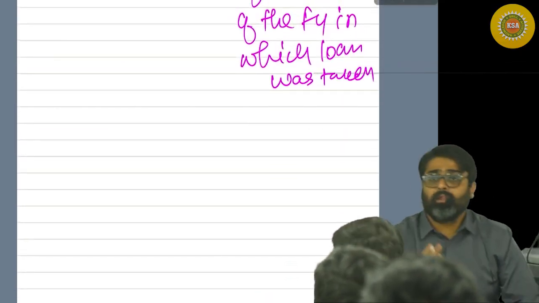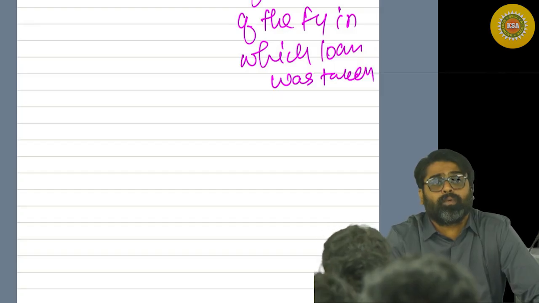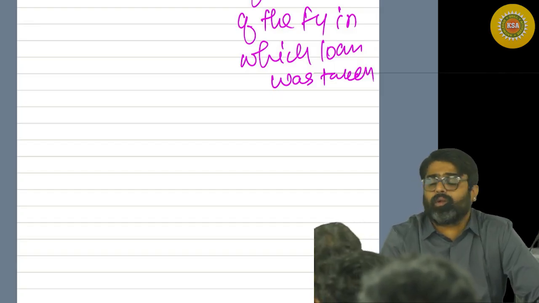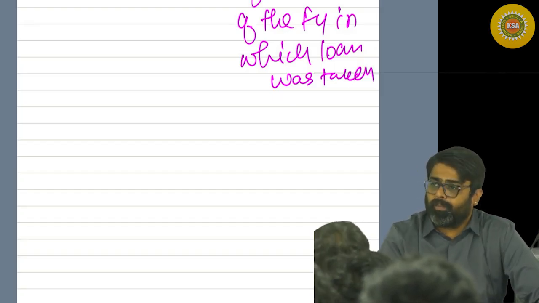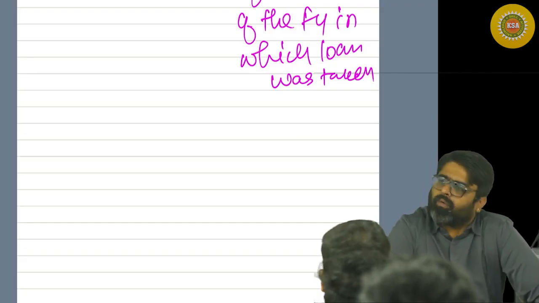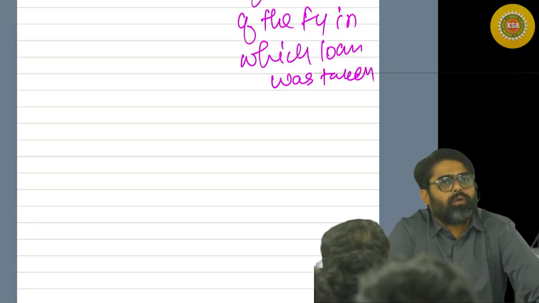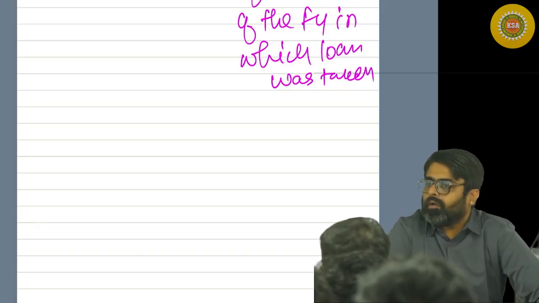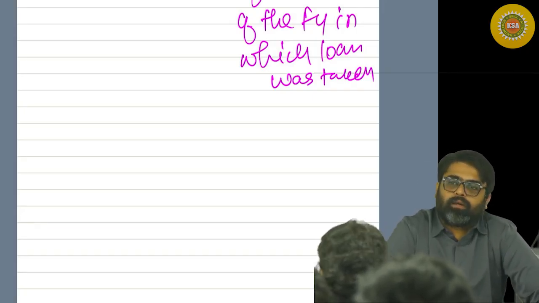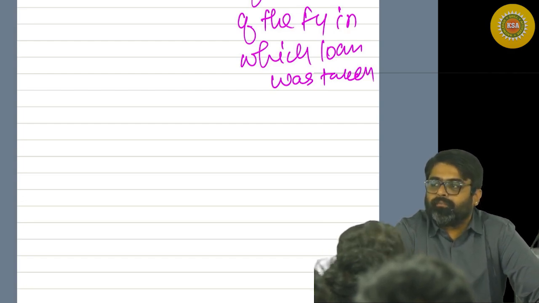Now, this was your interest for housing loan. Yes or no? If property is LOP, DLOP in this year, whatever interest becomes due will be fully allowed as a deduction. Now tell me, next year, the status of the property remains same or it can change also?